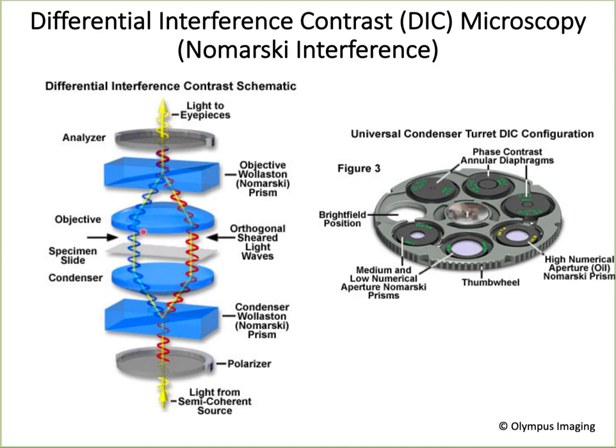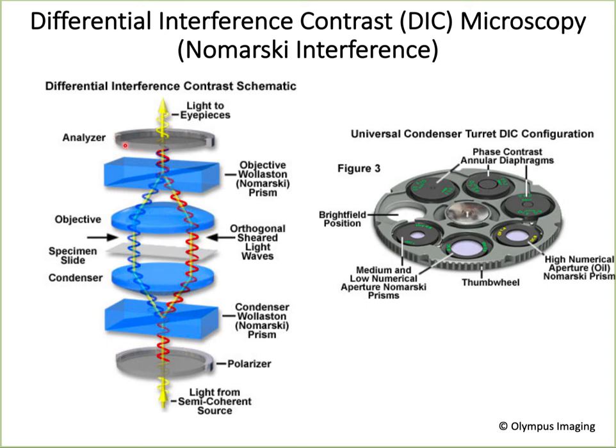So the light wave gathered by the objective converges near the focal plane, where a second Nomarski prism recombines the sheared and the deformed wavefronts into linear and elliptically polarized light, and subsequently that passes through an analyzer.